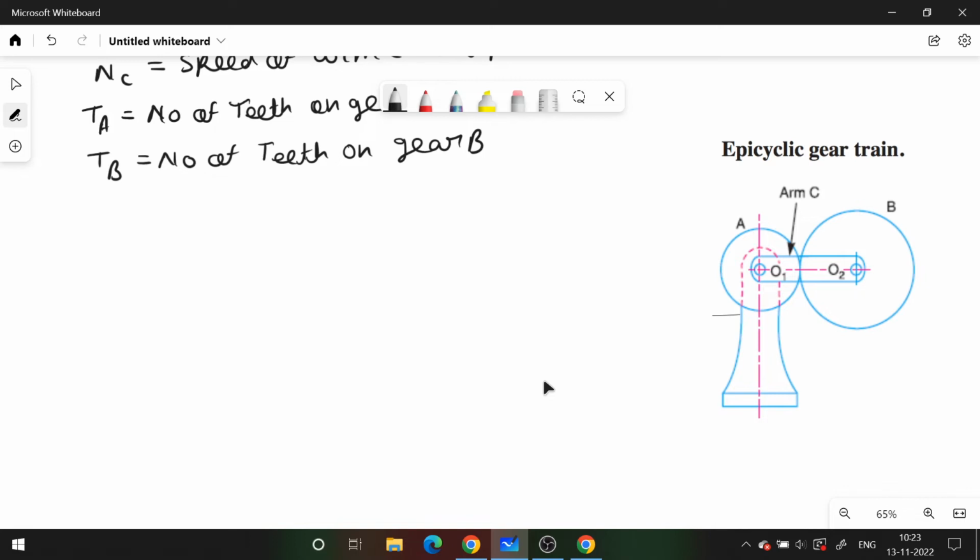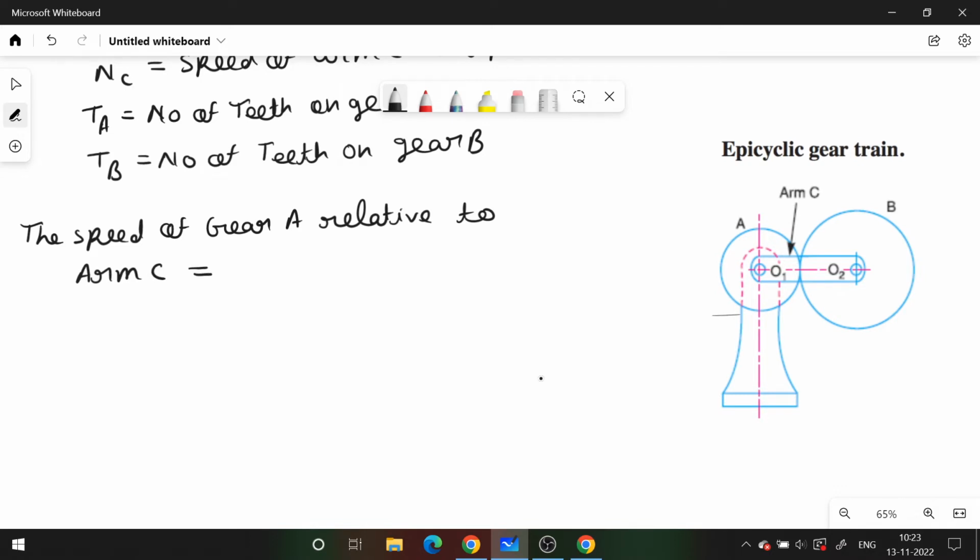The speed of gear A relative to arm C will be equal to the speed of gear A minus the speed of the arm.